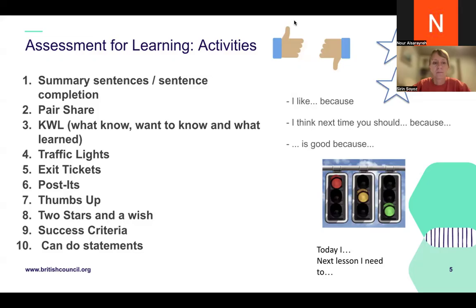But for a higher level of education, I mean older students, we would use 1, 2, and 3, like a summary sentence, or what they know, want to know, and learned. Because summary and writing need a skill that students should have been trained on before doing it. Thank you. Good points. Excellent.